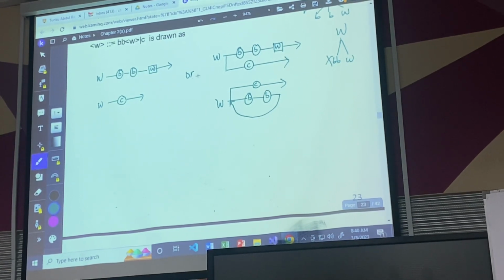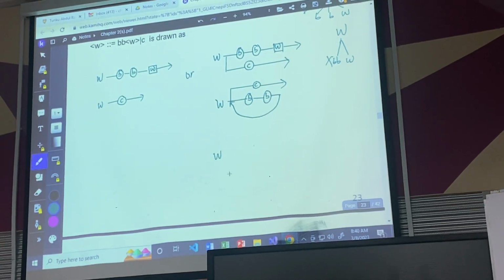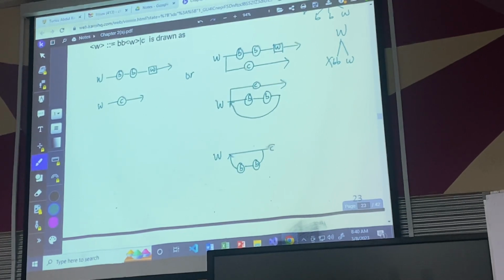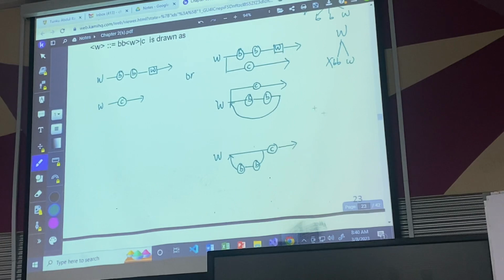If I put the BB under the loop, can you have this or not? Oh, I draw this BB under the loop, and then this one is C. Can I draw like this?